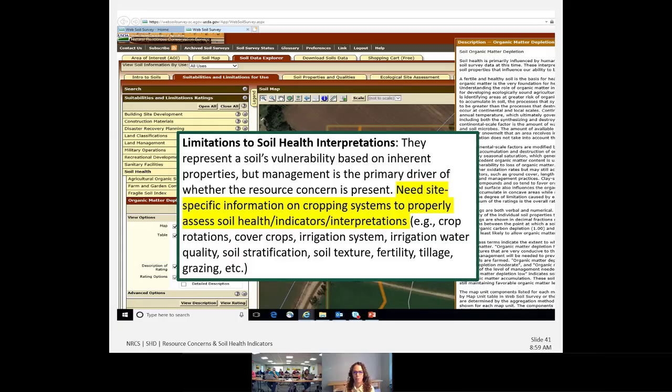The in-field assessment is an incredible tool that allows you to glean the management histories and management information that influences it, and also to visually and quantitatively and qualitatively assess indicators in the field. So Web Soil Survey does provide a lot of information, but the on-site information is very important for soil health interpretations.